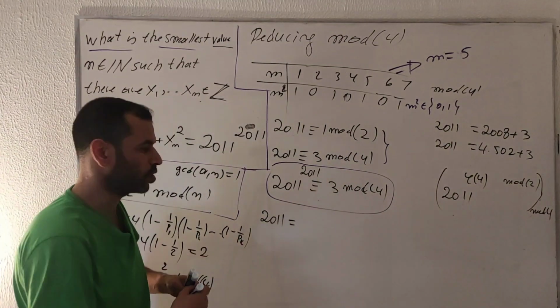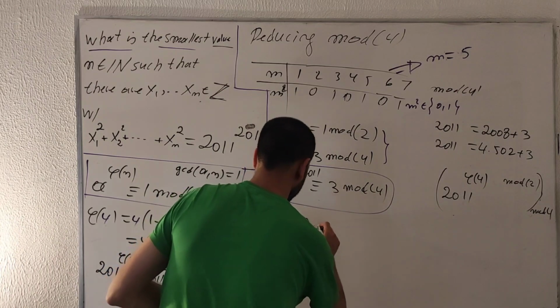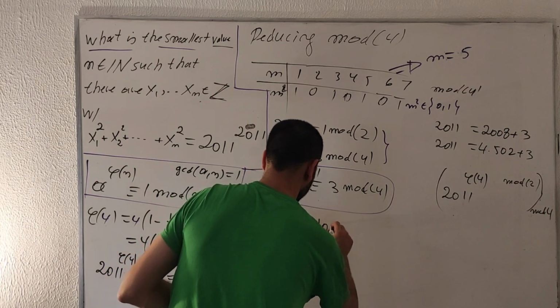We know 2011 equals 2 multiplied by 1005 plus the number 1.